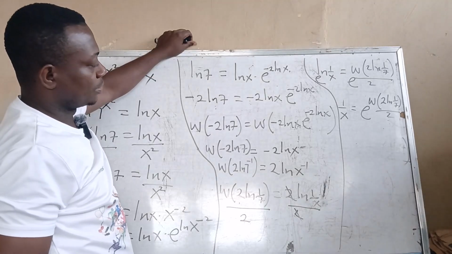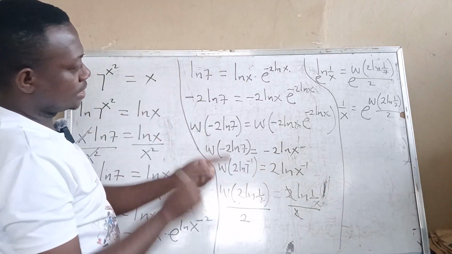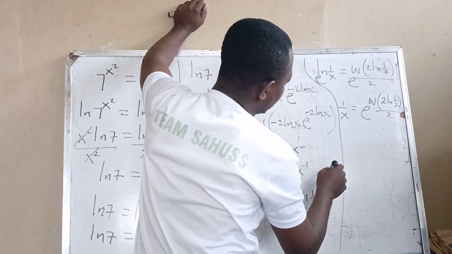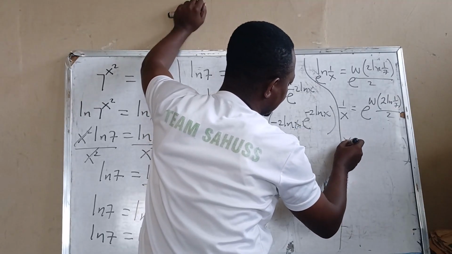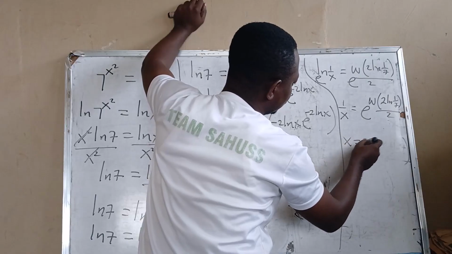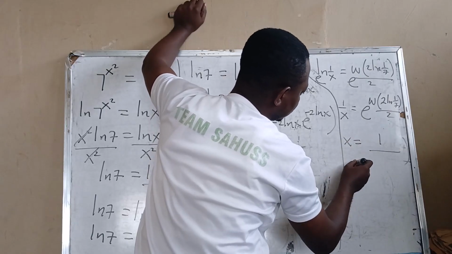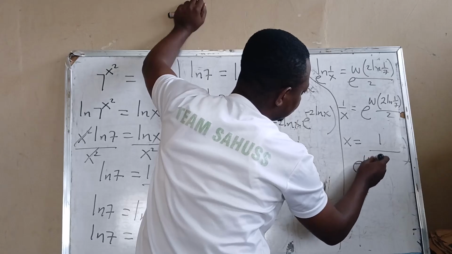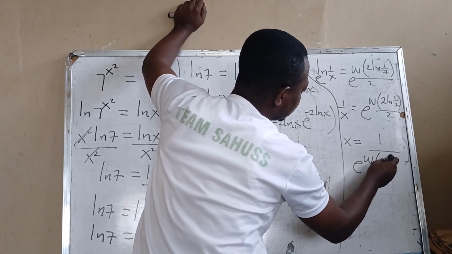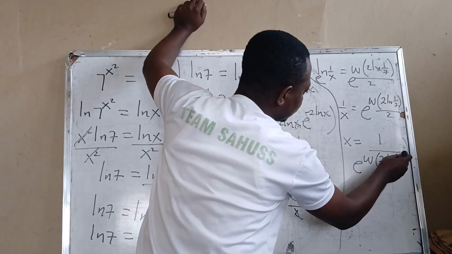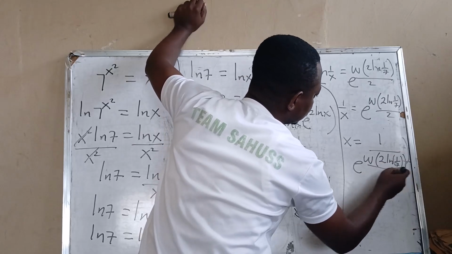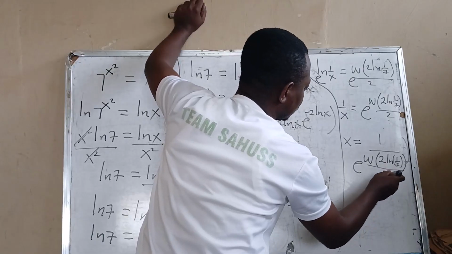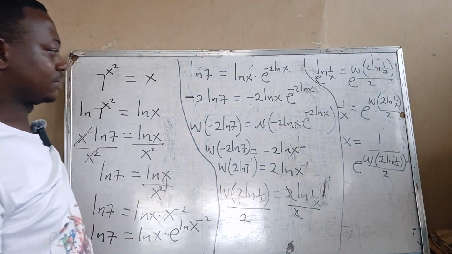Okay, so my x will be, when I interchange this, this one will go, this one will come. So my x, that's the final answer, equals 1 over e raised to the W function of 2 ln of 1 over 7, over 2.